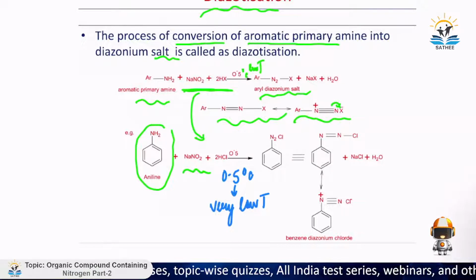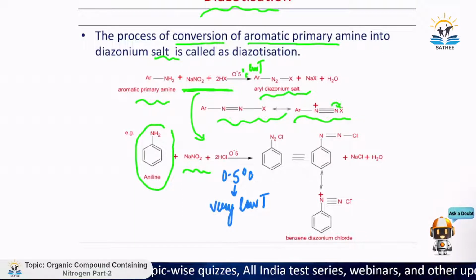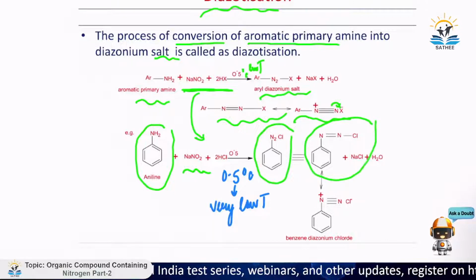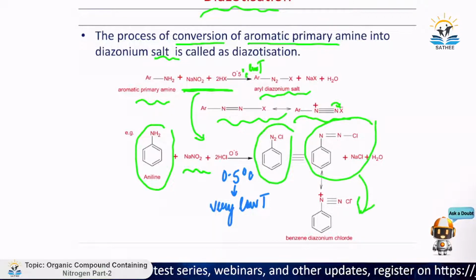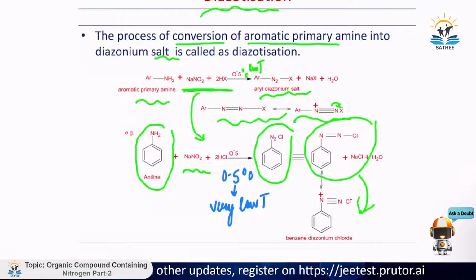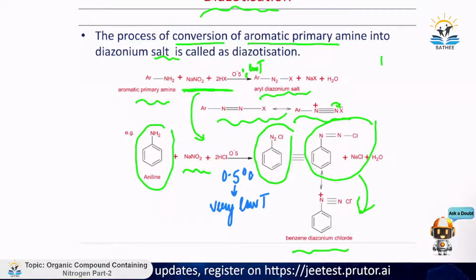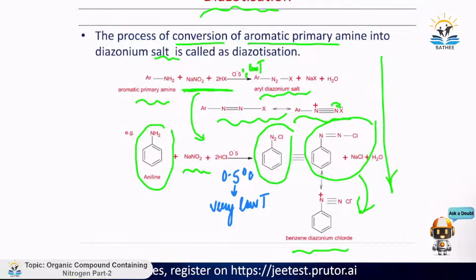Now we cause its reaction with NaNO2 and HCl at very low temperature. Then what happens? It forms this, which can be written like this, and it can be written like this. That means benzene diazonium chloride is formed. That is aryl diazonium salt is formed. So this process is known as diazotization.